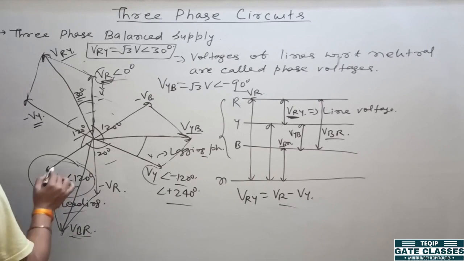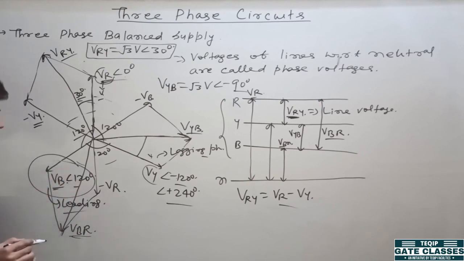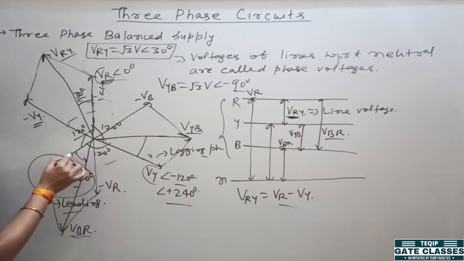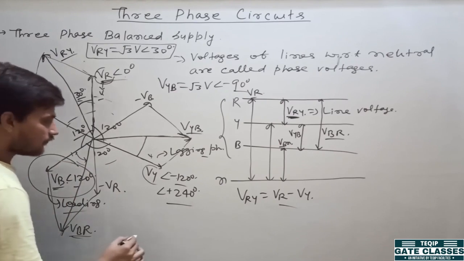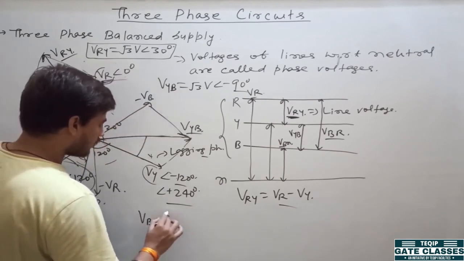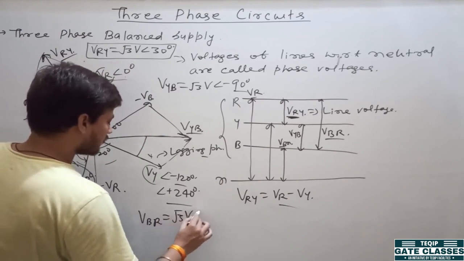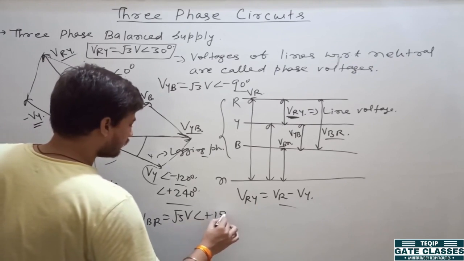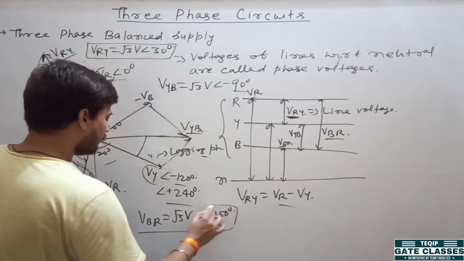You see VB is at the angle of 120 degree. So now what will happen? VBR will be at the angle of 120 plus 30 degree. So VBR will be root 3V at the angle plus 150 degree.